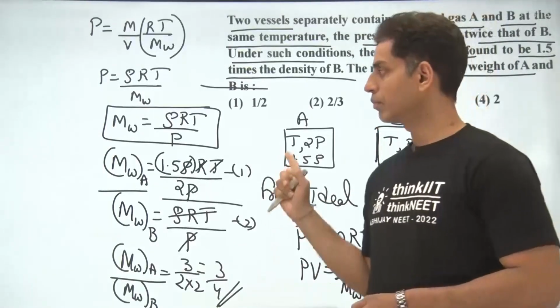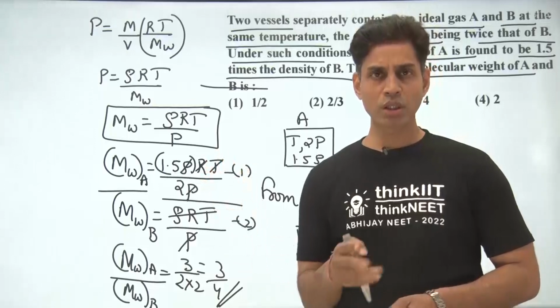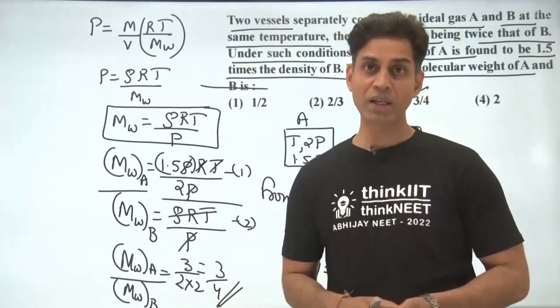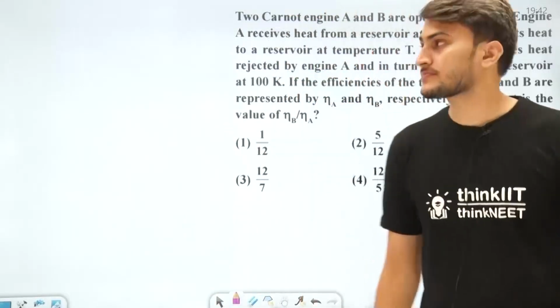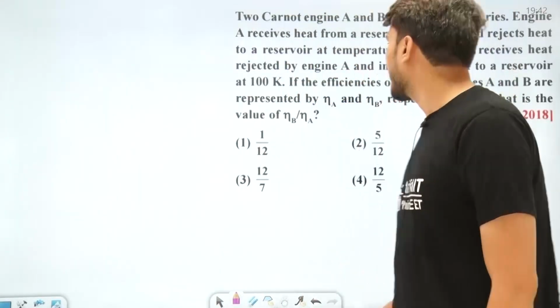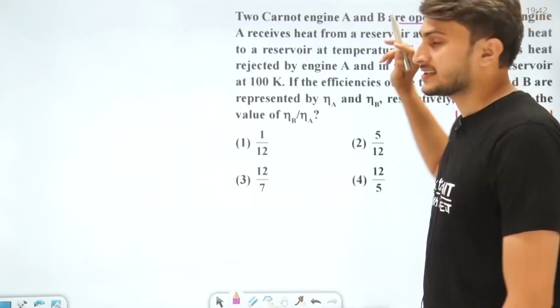A good question based on the equation of ideal gas. Hello students, the question is, two Carnot engines A and B are operated in series.